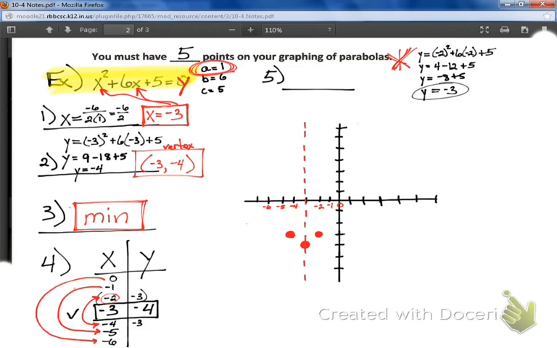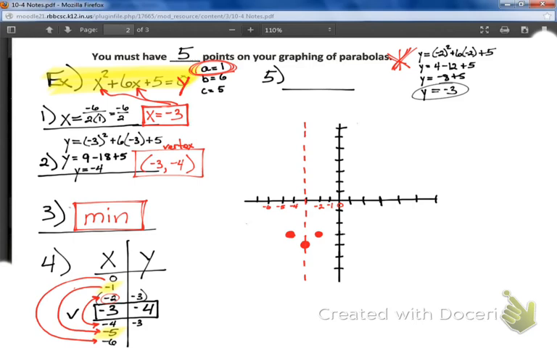Okay, so we've got those 3 points graphed right now. I'm going to come back up here into my work problem, and I can now use either the negative 1 or the negative 5. I know they're going to give me the same answer. I'm going to obviously choose the smaller number, so I'm going to use negative 1.